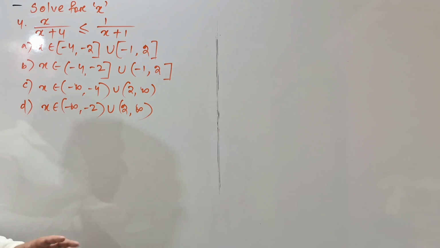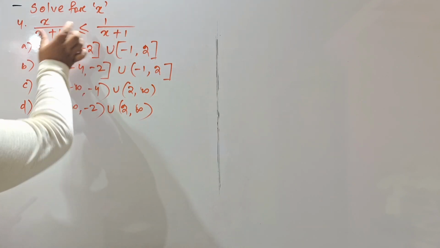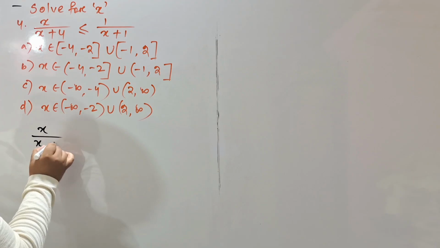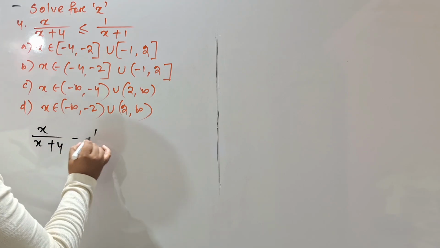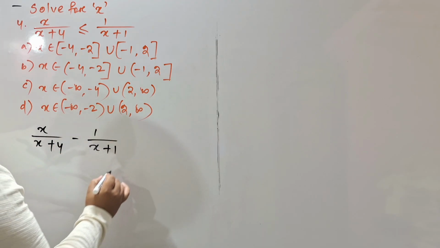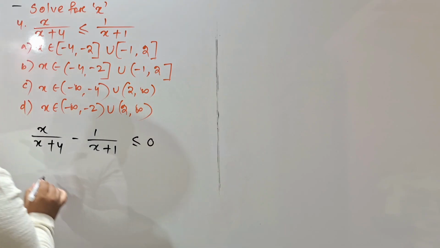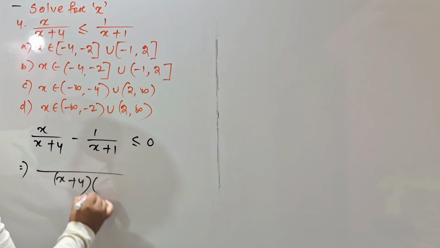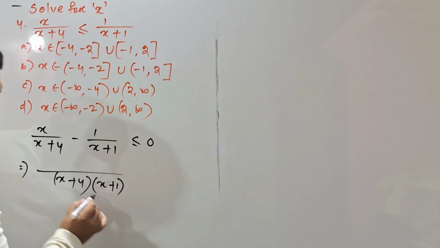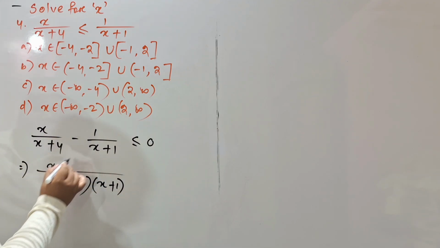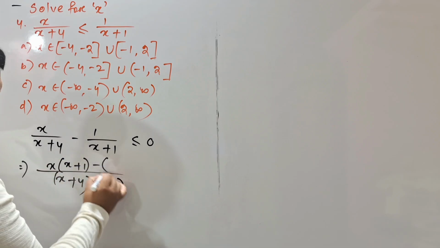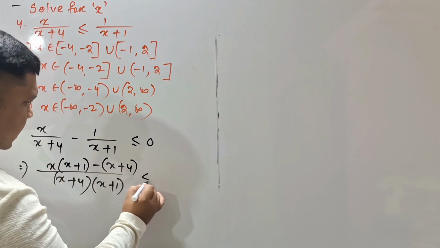So what we will do, I will take this one to the left hand side. Here I will write x divided by x plus 4 minus 1 divided by x plus 1, less than equal to 0. Then take the LCM: x plus 4 and x plus 1. Now multiply: x into x plus 1, minus x plus 4, less than equal to 0.